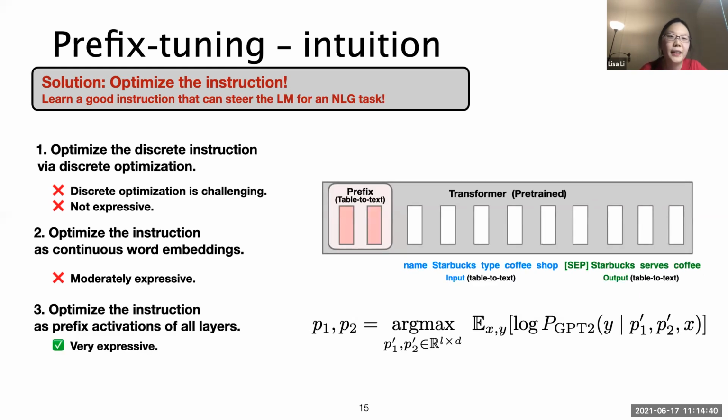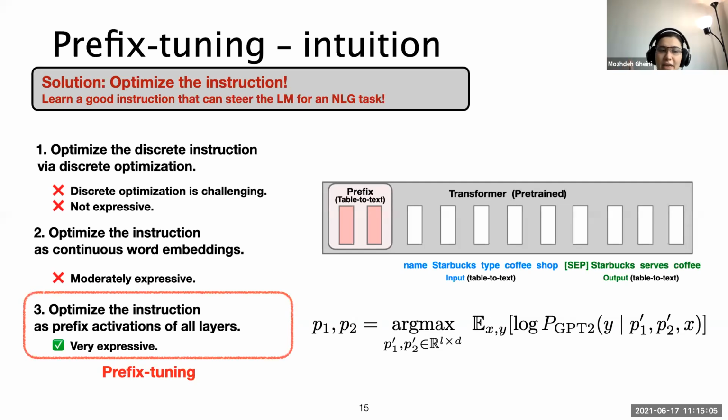Option 3 is to optimize the prefix activations of all the layers. Say that GPT-2 has 12 layers, then we would be optimizing all the 12 activation layers on top of these first 2 slots. It is more expressive because we allow the top layers of the prefix to also be directly trainable. And this is what we use for prefix tuning.